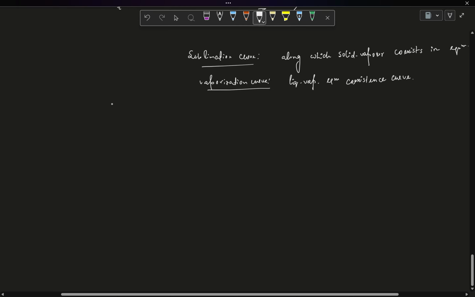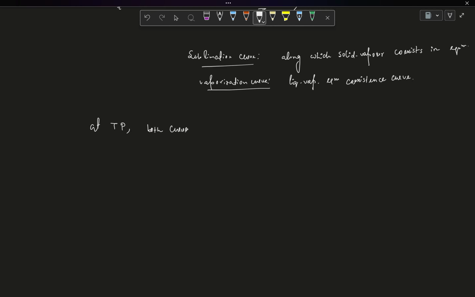That is the main idea, right? So at triple point, in short TP, both curves, by which I mean the two curves given in the question, intersect. So their equations have to be equated on left hand side and right hand side.